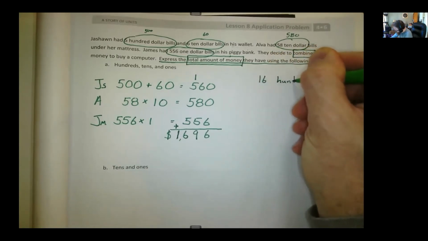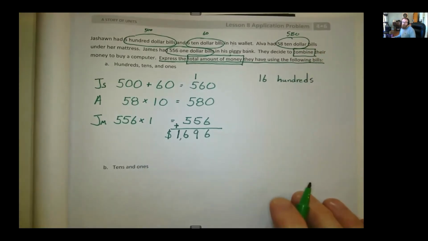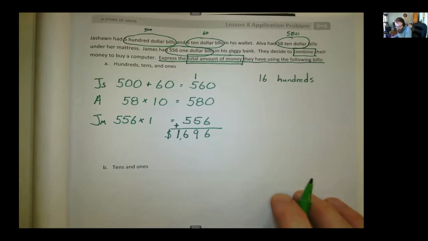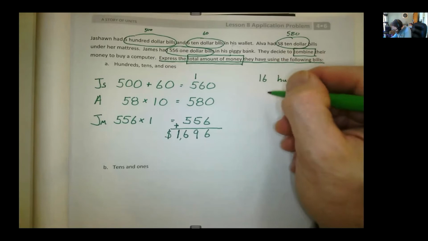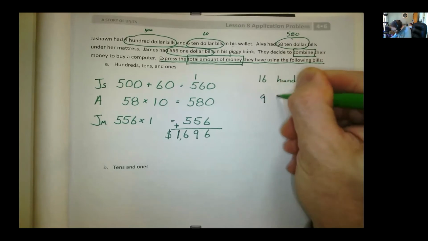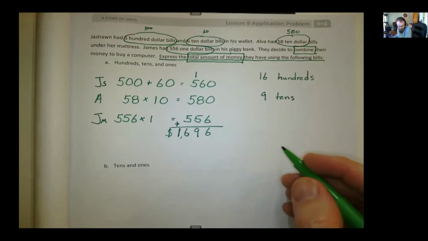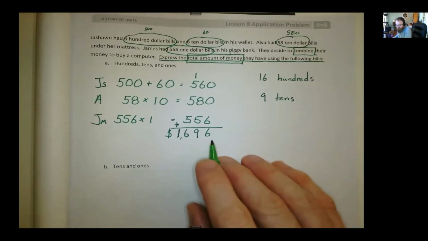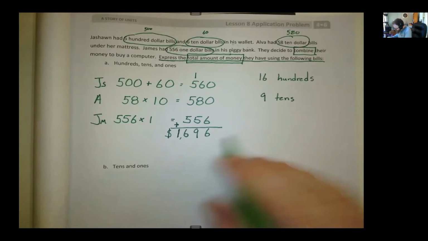That will give us $1,600. We have 9 in our tens place, so we're going to have 9 tens. And we have a 6 in our ones place, so we're going to have 6 ones.